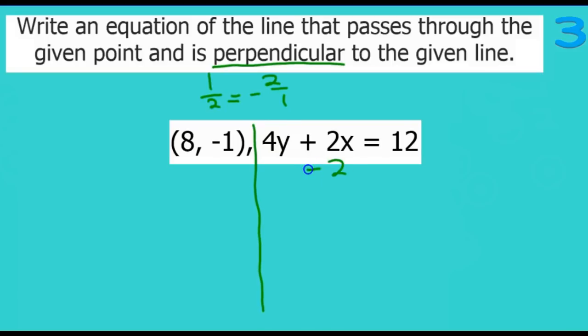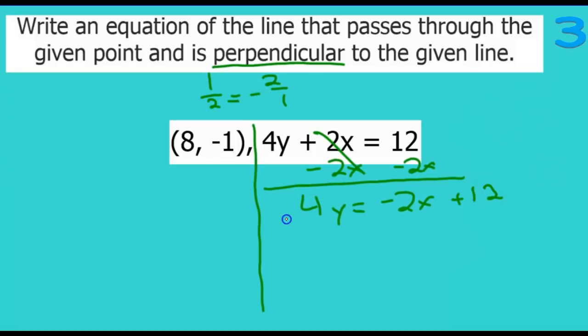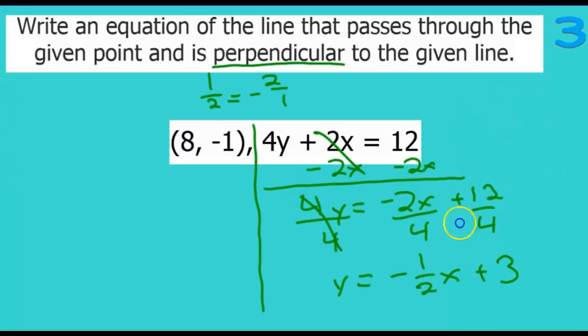I'm going to subtract the 2x to bring that to the other side. So we get 4y equals a negative 2x plus 12. Divide by 4. y equals a negative 1/2 x plus 12 divided by 4, which is 3.